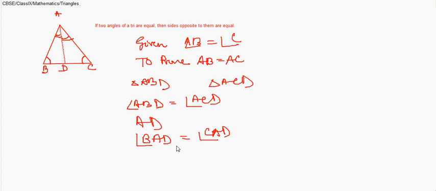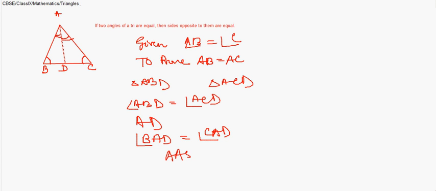Thereby, I'm taking up ASA congruency. This is angle, this is angle, this is side. Okay, so it is AAS congruency. We prove the congruency of these two triangles. Thereby, by CPCT we can say AB is equal to AC.